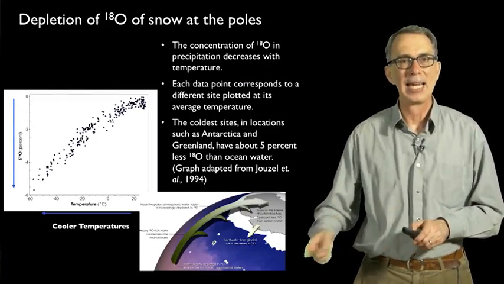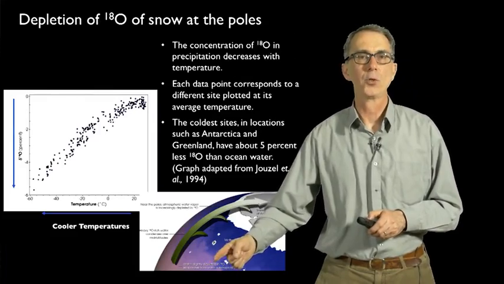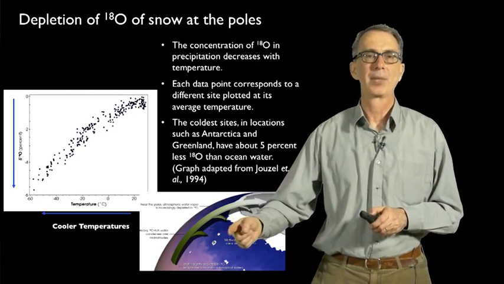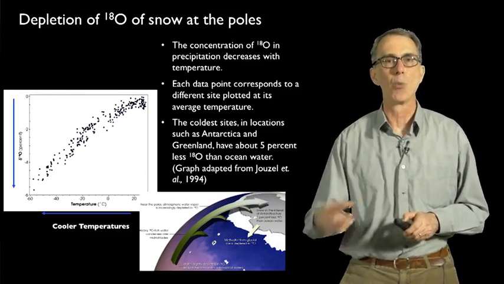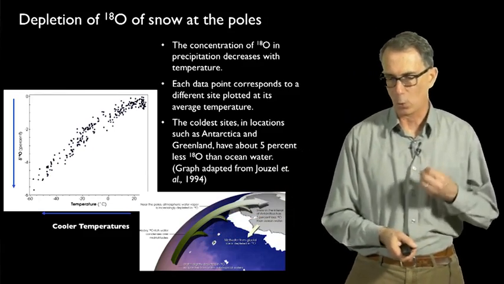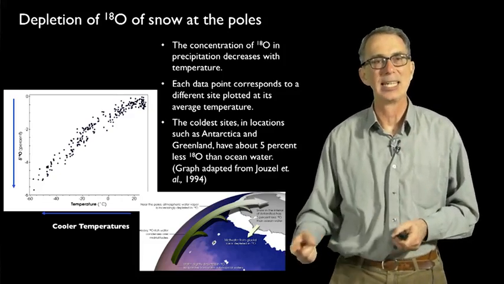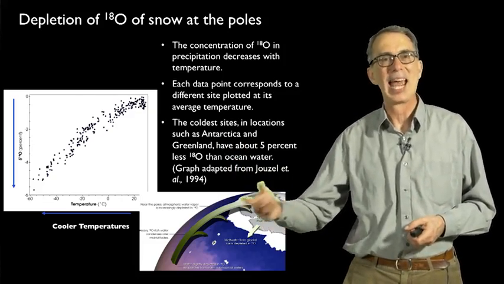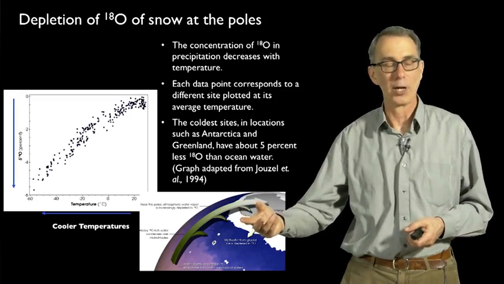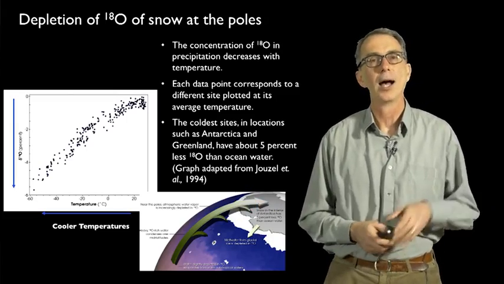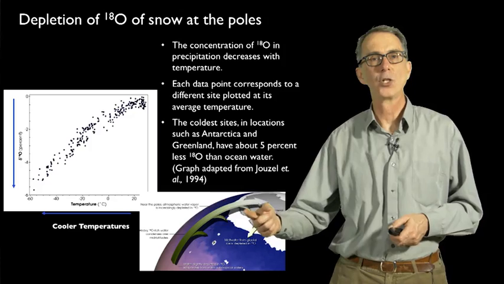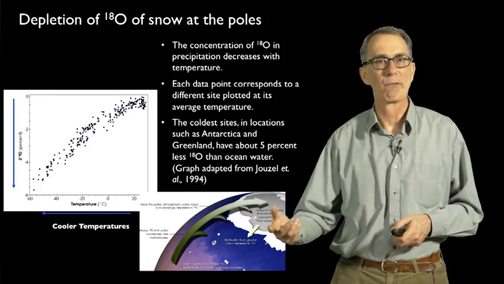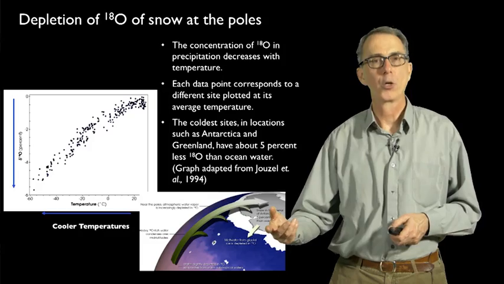So when we look at air traveling from low latitudes into polar regions, as it goes to higher and higher latitudes into colder and colder air, more and more water has fallen out, more rain has condensed, and the air as it gets to higher latitudes has enhanced oxygen-16 compared with oxygen-18. So at high latitudes in the colder climates, we're going to have enhanced water, and in this case frozen water or ice with oxygen-16 in it.